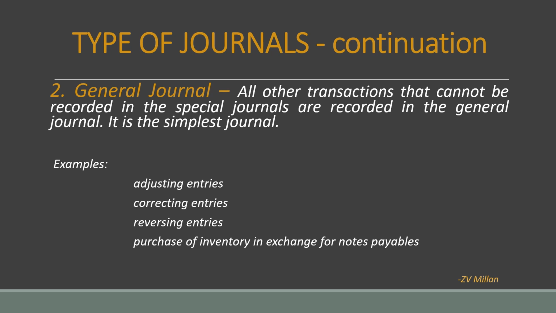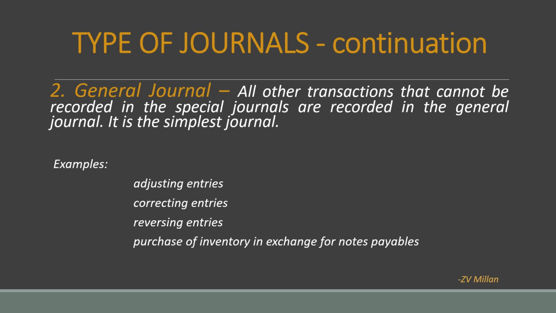Second is correcting entries. So pag meron tayong mga nakitang errors na kailangang i-correct, gumagawa tayo ng mga correcting entries. And nire-record natin yung mga correcting entries na yan through the use of the general journals. Third is the reversing entries. So yung reversing entries naman, typically we do it at the beginning of the next period.